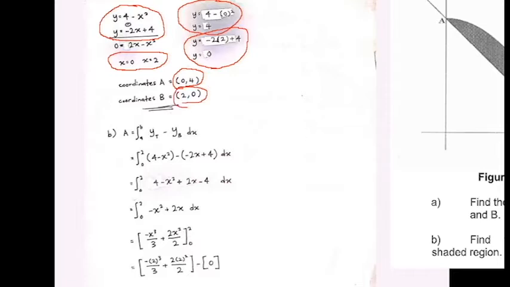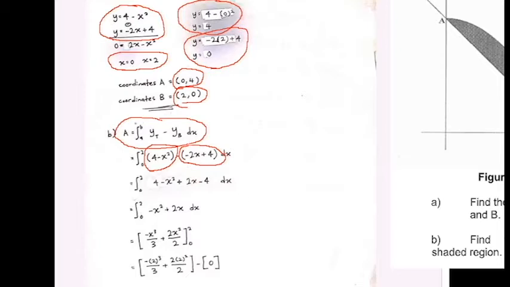Now let's take a look at question 28b. Find the area of the shaded region. First, we will use the formula for finding the shaded region, which is yt minus yb. Yt represents 4 minus x power of 2, and yb represents negative 2x plus 4.